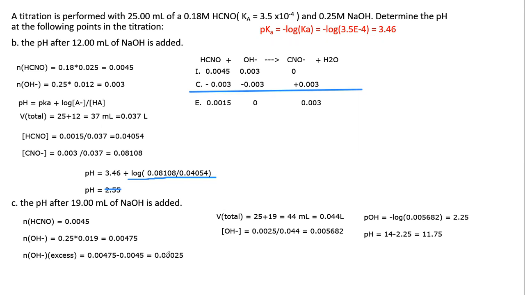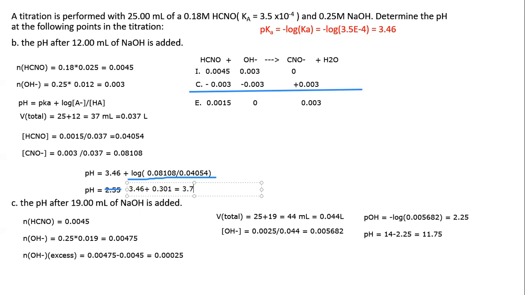we get 3.46 plus 0.301. And so when you add these two together, you get a pH of 3.76.